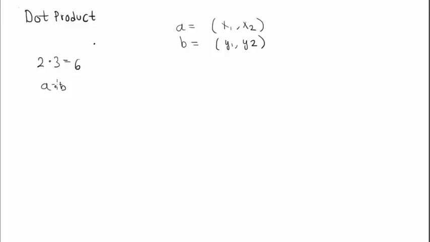But what I can do is called dot product, which is A dot B. What this means is I'm going to have one number, one scalar, which will be my answer. How I find that is I take the corresponding first values, x1 and y1, and multiply them together, so x1 times y1. Then I add to that the product of the corresponding second values, x2 and y2.